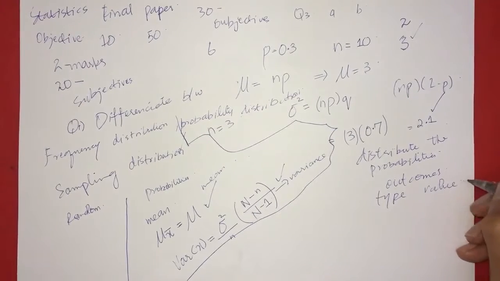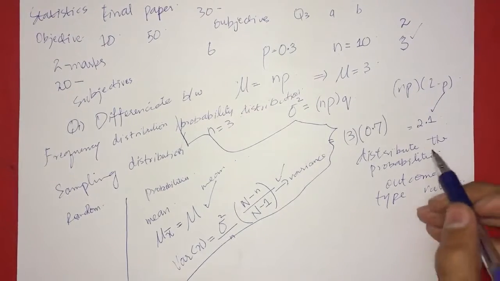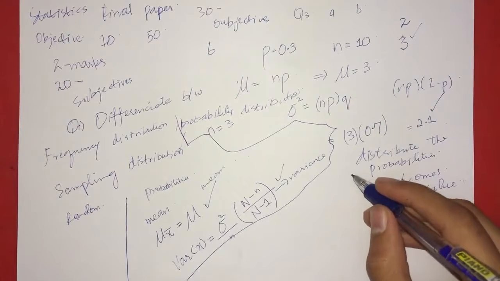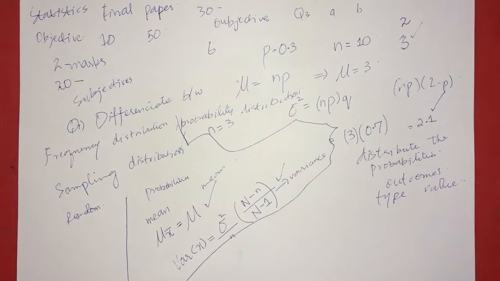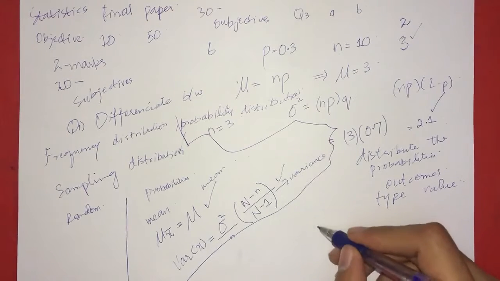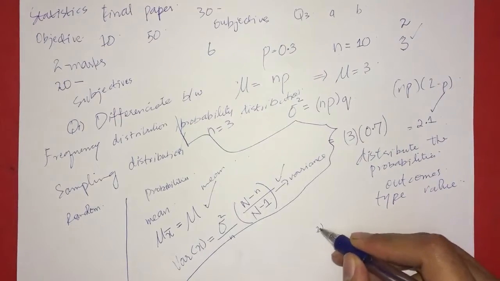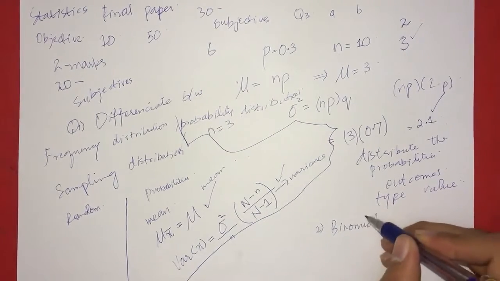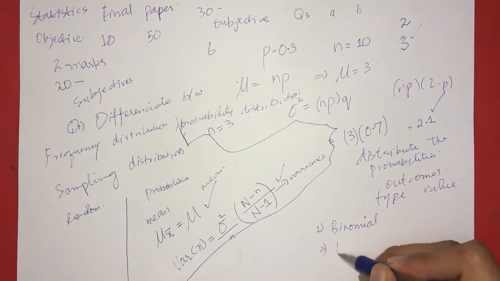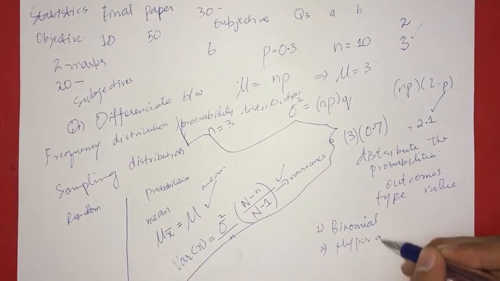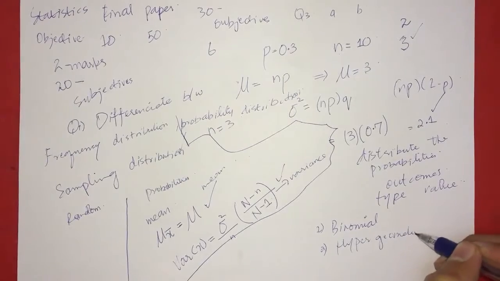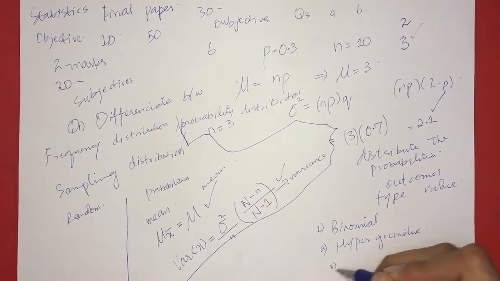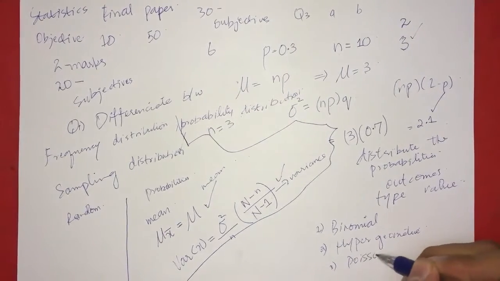So for example, you have two types of random variables: discrete random variables and continuous random variables. For discrete random variables you have probability distributions known as binomial, hypergeometric, and Poisson distribution.